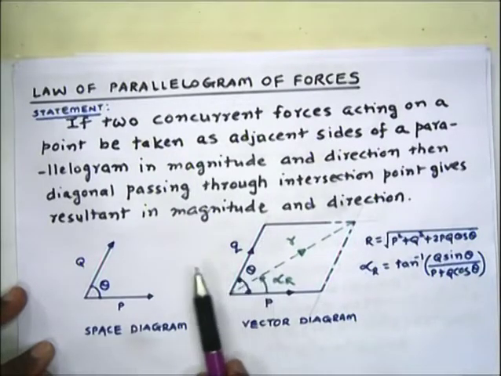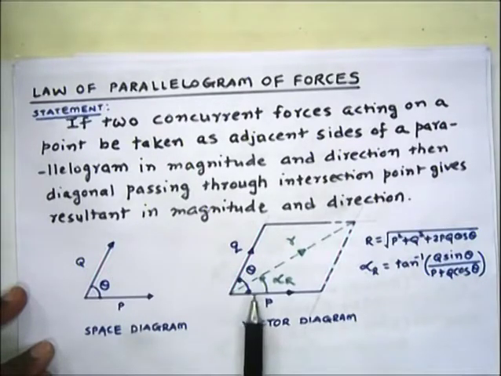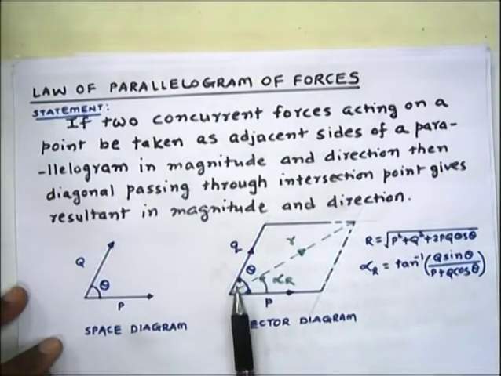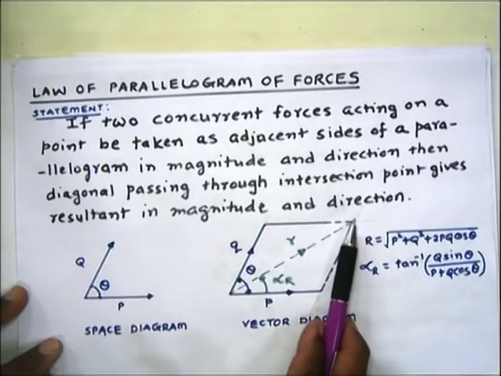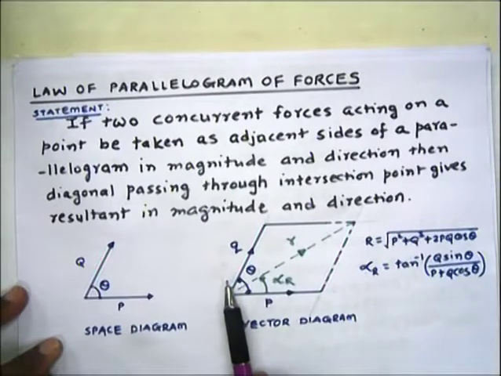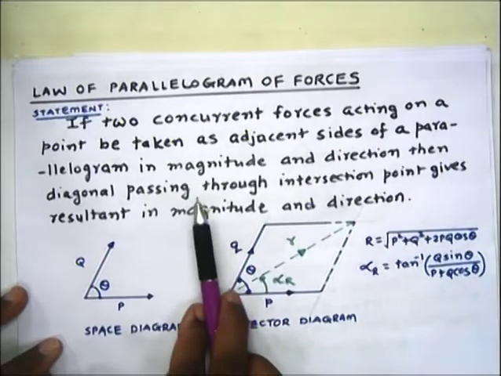If we consider these two forces as the adjacent sides of a parallelogram, then draw the diagonal through the intersection point, this diagonal itself gives us the resultant force, which is what is stated in the statement.